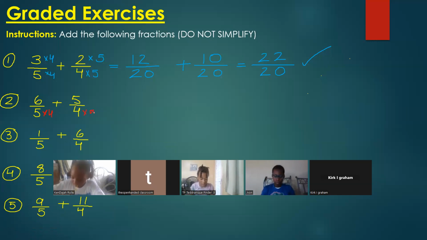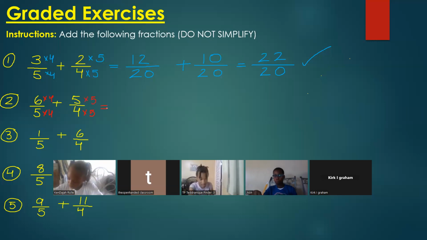Okay, now we're gonna add them. 24 over 20 and 25 over 20. So we have to multiply the 6 by 4. Yes, sir. And what must we multiply the 5 by? 5.